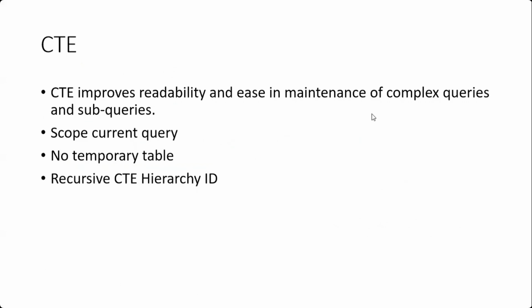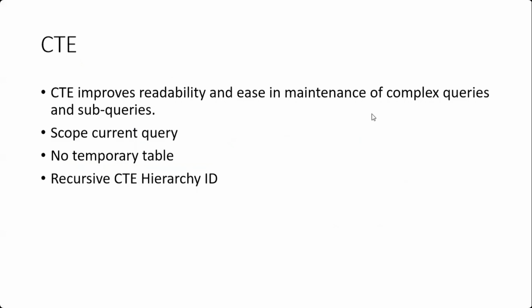Certain times we have queries where in the from clause we use a table, and many times we use this table again and again within a query. We find that it is unnecessary and the query becomes big. It becomes unreadable.